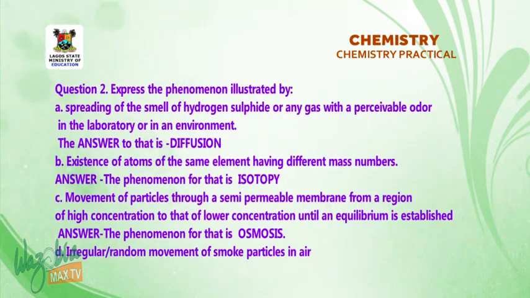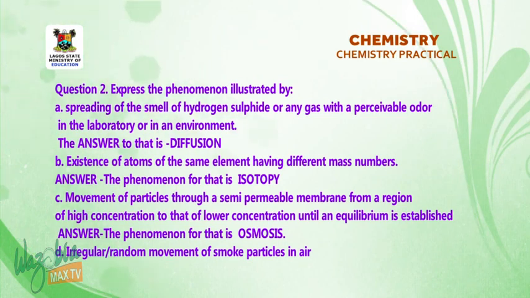Question 2. Express the phenomenon illustrated by A. Spreading of the smell of hydrogen sulfide or any gas with a perceivable odor in the laboratory or in an environment. The answer to that is diffusion. B. Existence of atoms of the same element having different mass numbers. The phenomenon for that is isotopy.